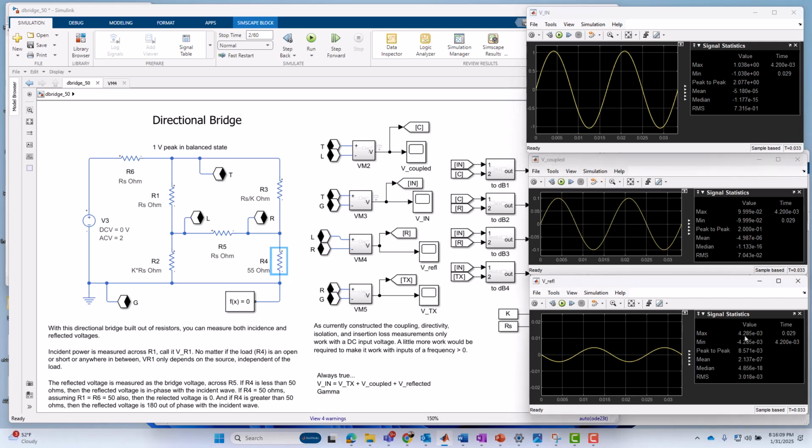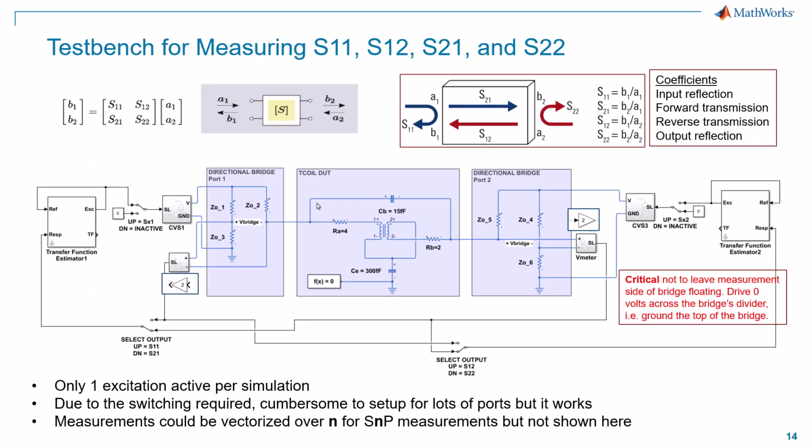It's about a 4.3 millivolt peak signal. So using this scheme, you can see it's very easy to tell just by the polarity of the reflected voltage whether we are closer to a short or closer to an open as we go under 50 ohms or above 50 ohms.